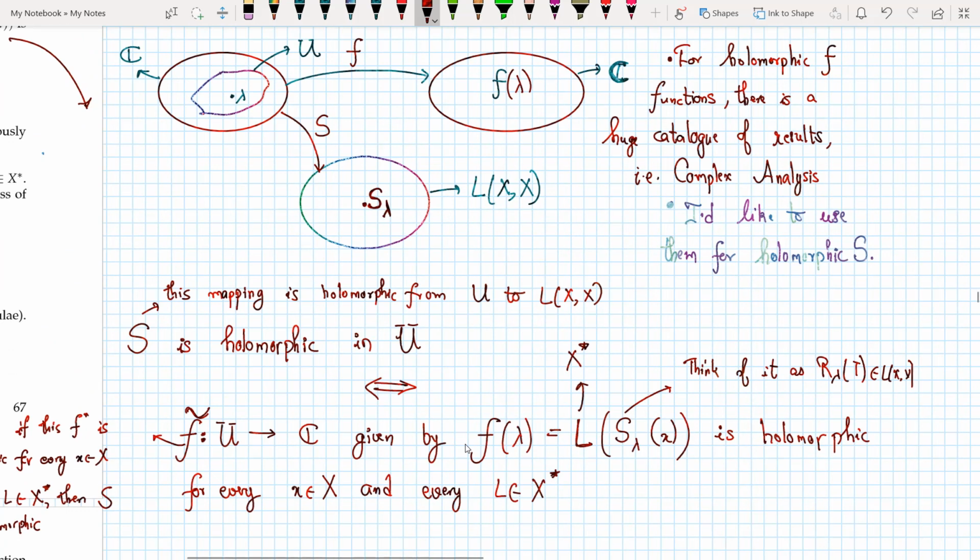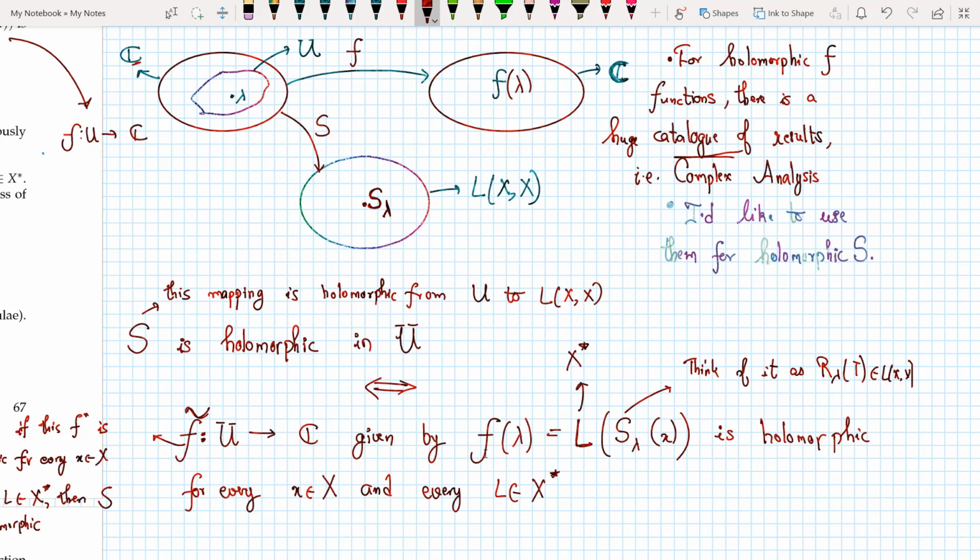So what was happening before? What was happening before is that I had a domain U in the complex plane, and I had a function f, and I said that for holomorphic functions there's a huge category of results that is called complex analysis. So what I had initially is a function f which takes an element from U to C. So this function f is given from U to C, and I say that okay, this function is holomorphic.